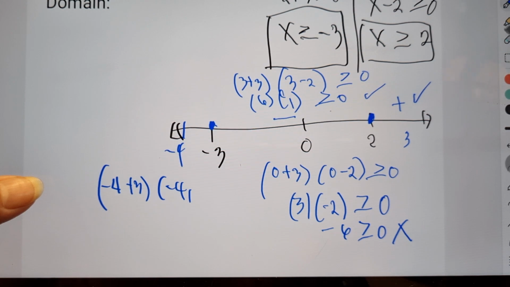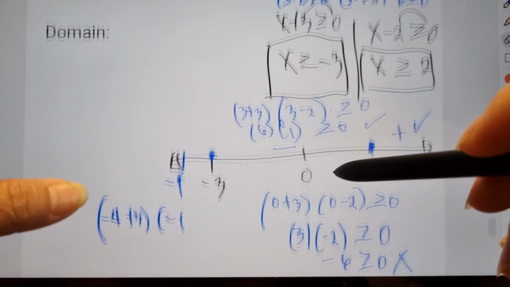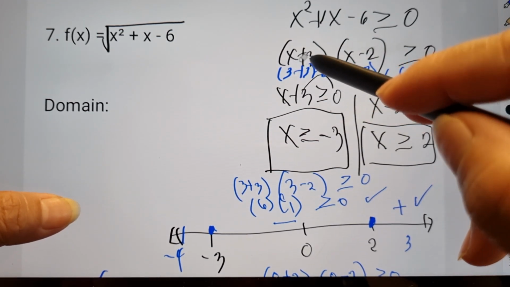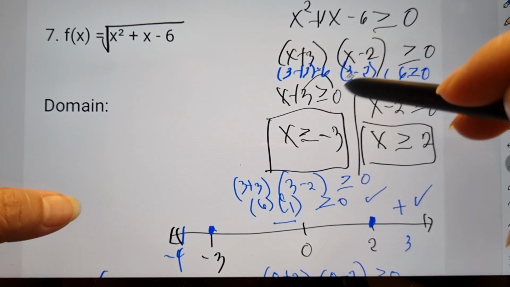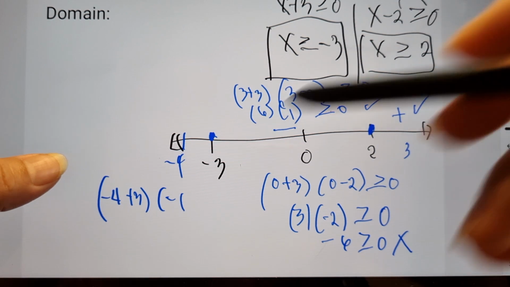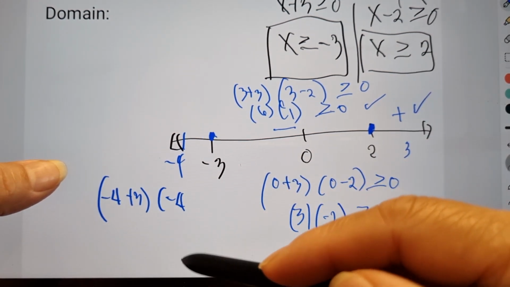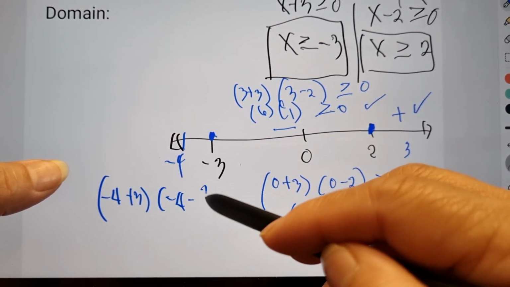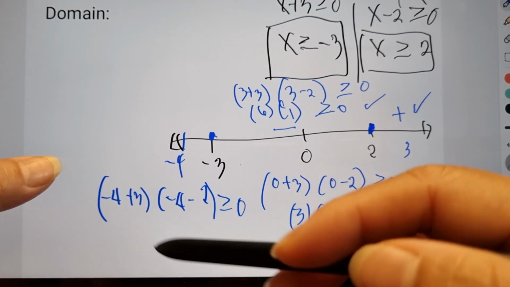Ano ba yung given natin? Factors, I mean. Okay, the factors is x plus 3 times the quantity x minus 2. Okay, so we have here, substitute natin, negative 4 plus 3 times negative 4 minus 2 is greater than or equal to 0.